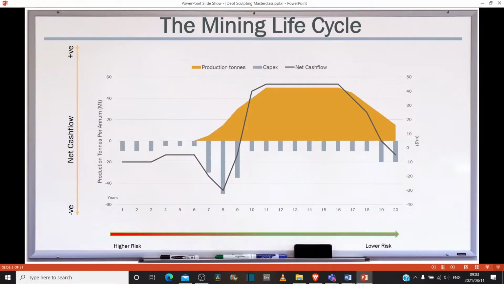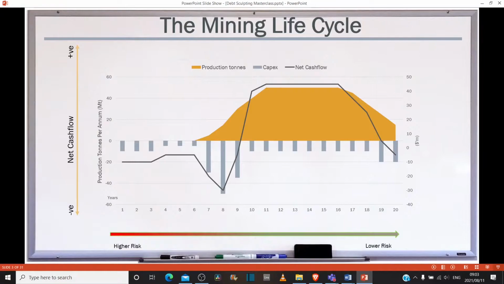You also have a solid gray line that is the cumulative net cash flow position of the mine over its life, and then the net cash flow per period. And on the left-hand side of the y-axis, you have that orange area, which just shows your production. It shows your ramp up, steady state, and then your winding down of operations.